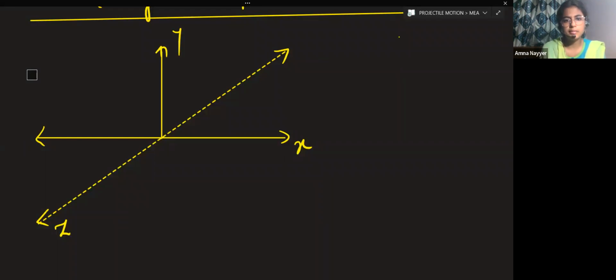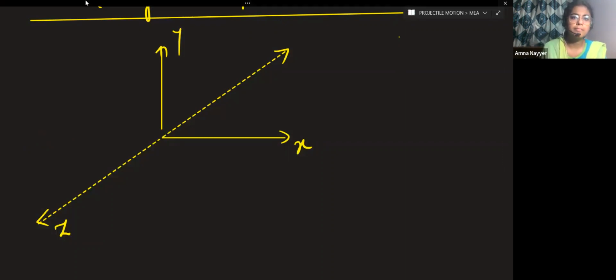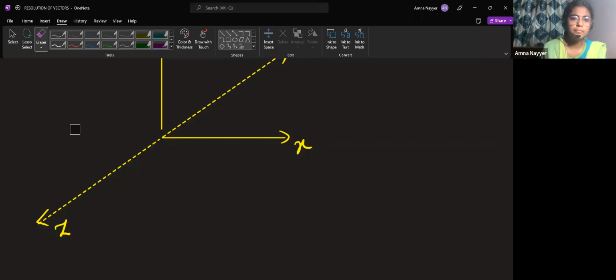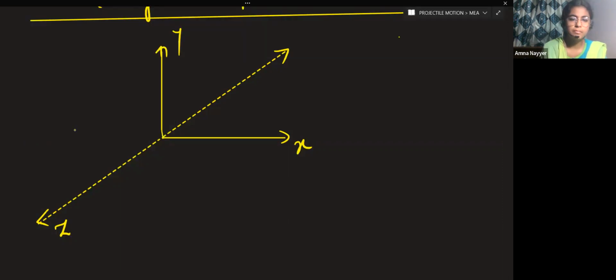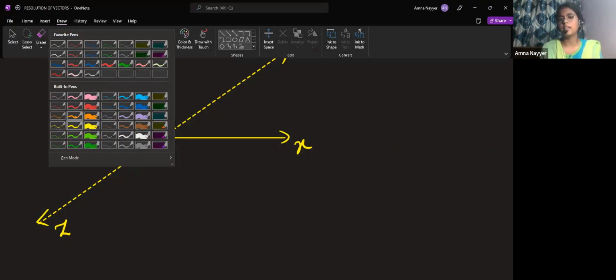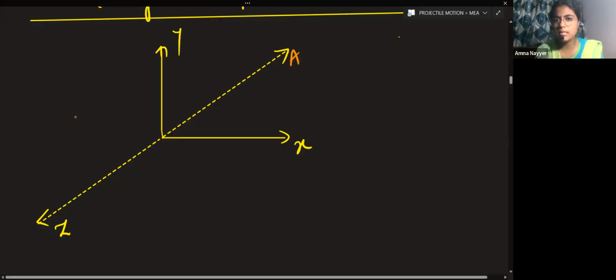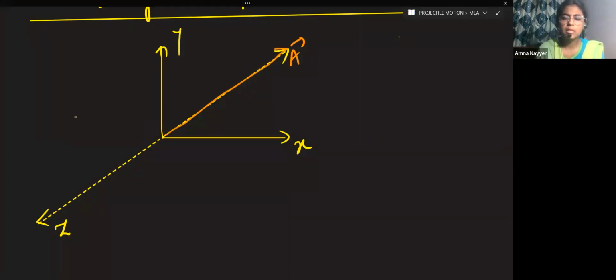Z-axis, now certain angles are given. This is not the axis, this is vector A. Random vector A I have taken. Fine, so this is the vector A.